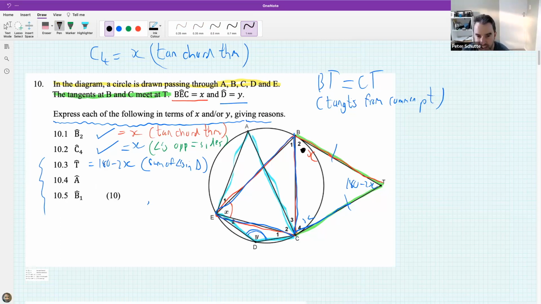Yep, it's a cyclic quad in hiding. So we know that this is opposite that one. And so if the one is y, this would be 180 minus y. And we'd say opposite angles cyclic quad. So we've got 180 minus y.